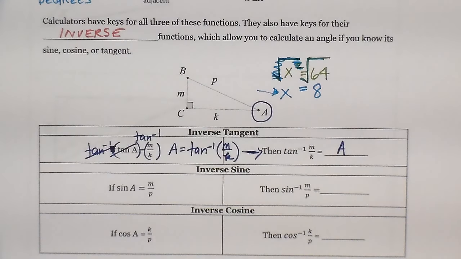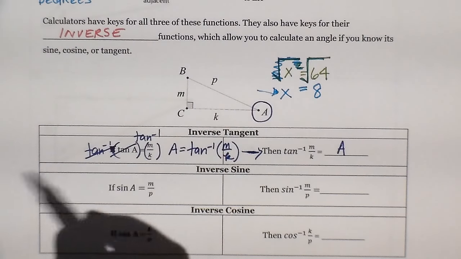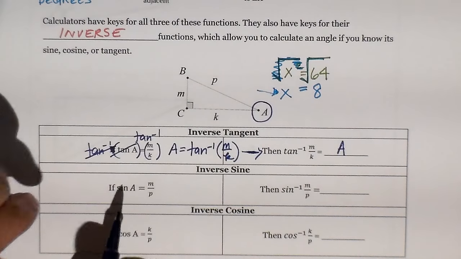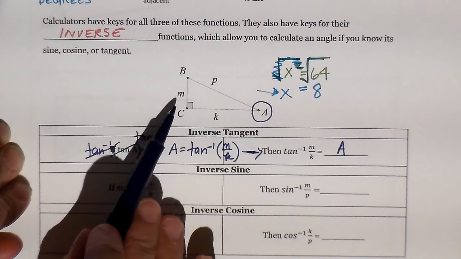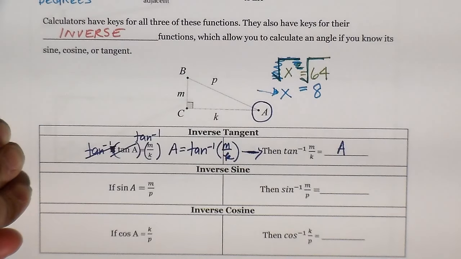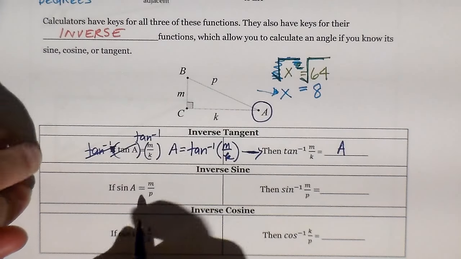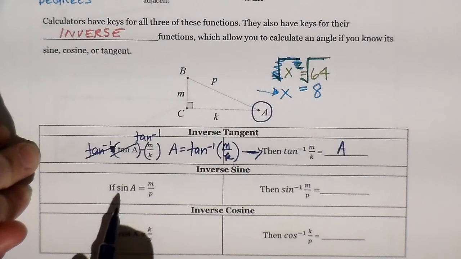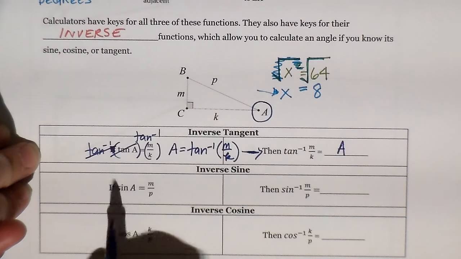So let's look at this one. All right, sine of A. In fact, let me use the same color here. Sine of A is m over p, opposite over hypotenuse. So if I want to find the actual angle measure A, I don't know what A is measuring.